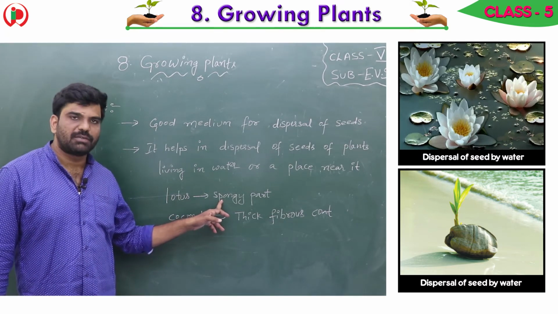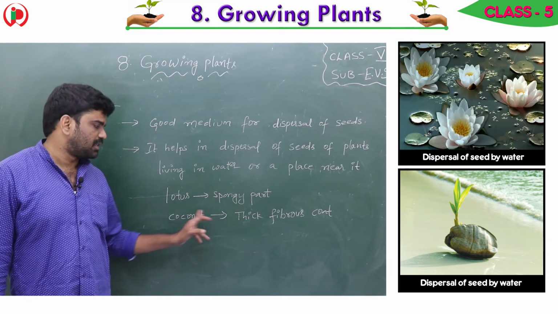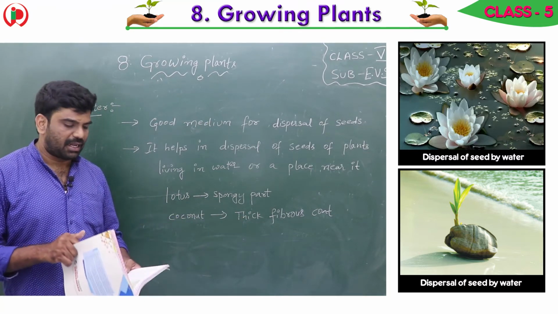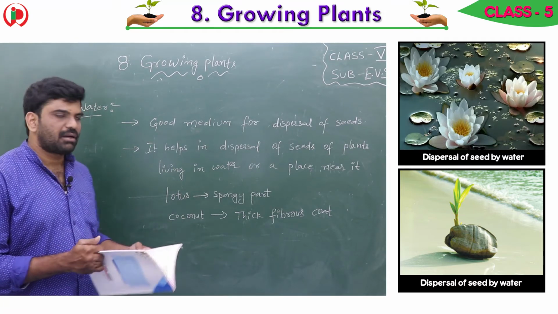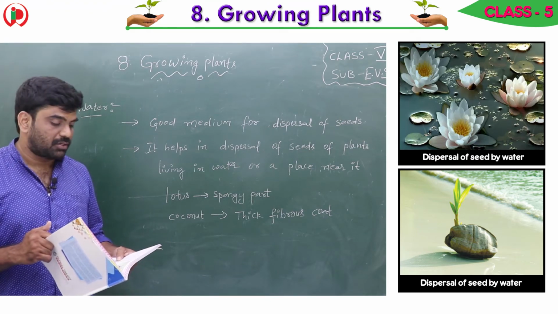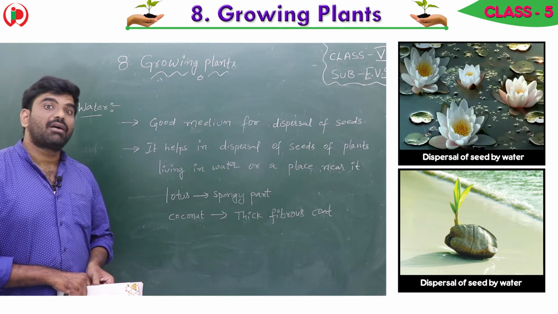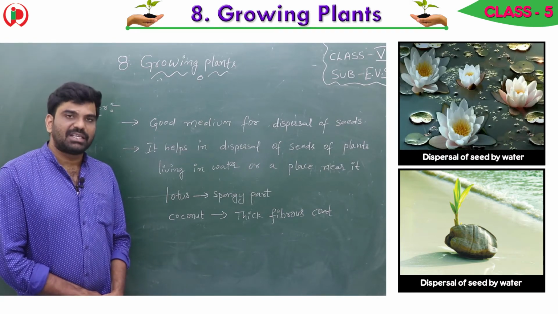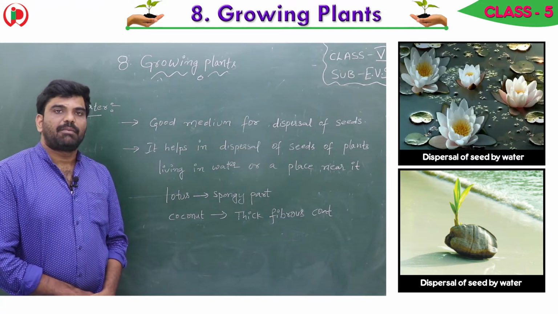These two, the spongy part in the lotus and the thick fibrous coat in the coconut, are very lightweight. These special parts enable the lotus and the coconut to float on water and to travel to far off places. Far off places means the place which is very far away from the plant.